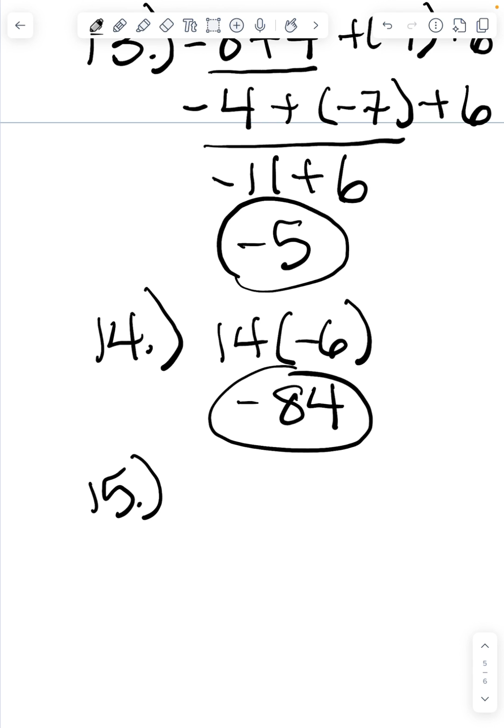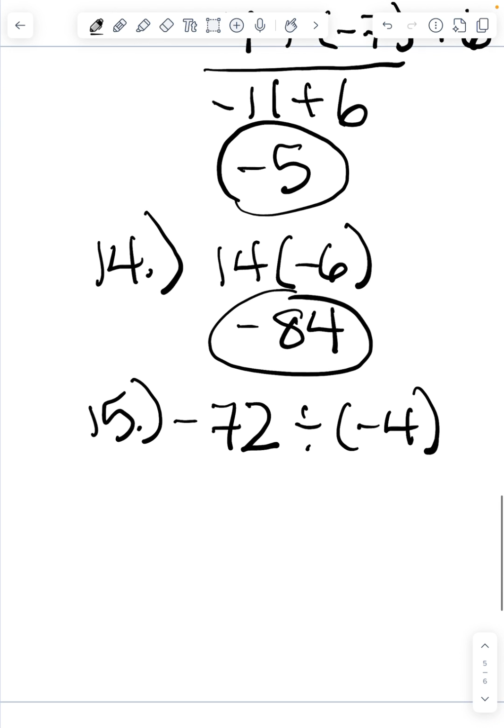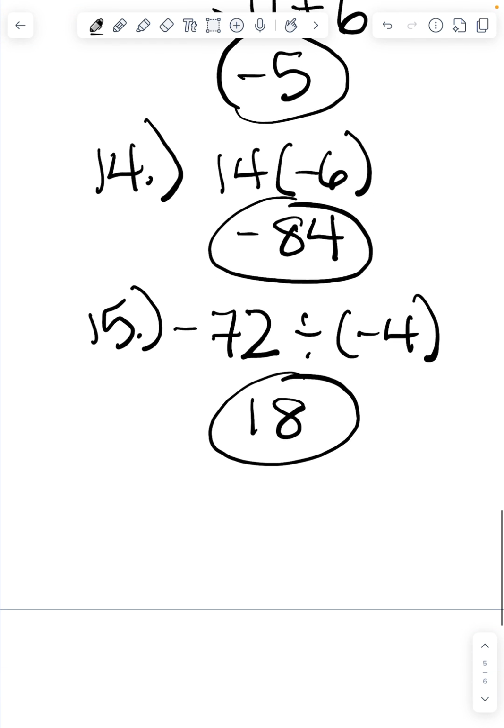Number 15. Negative 72 divided by negative 4. All right, so in this case, we've got 72 divided by 4, which is 18. And then both signs are negative, which means you've got an even number of negatives, so the answer is positive 18.